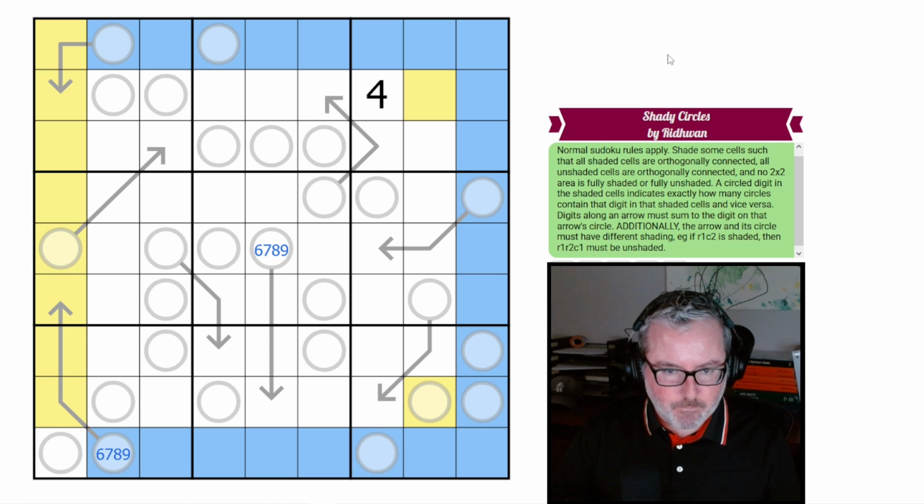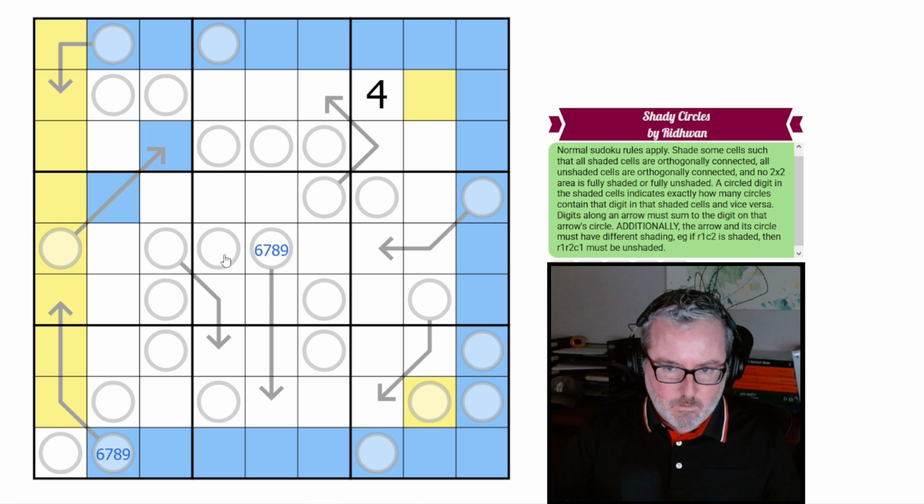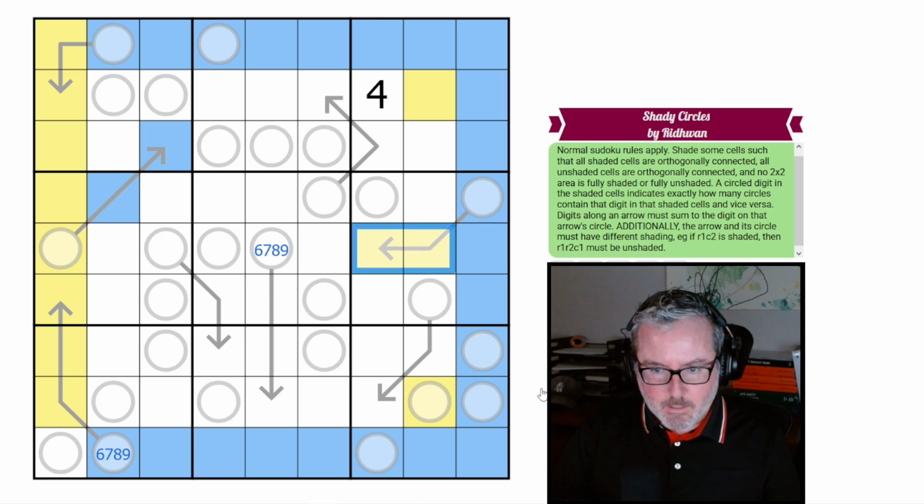Now then, this we know is yellow, so these have to be the opposite, so they are a blue grouping. These two here must be yellow, because this is blue. And can we continue from there?